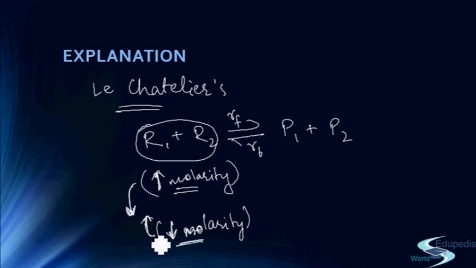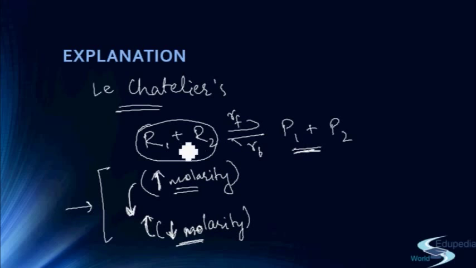And how can it increase the amount of reactants? By forming more and more reactants, that is by consuming more and more products and converting them into reactants, that is by shifting the reaction in the backward direction. So from Le Chatelier's principle you can directly think why this happens.